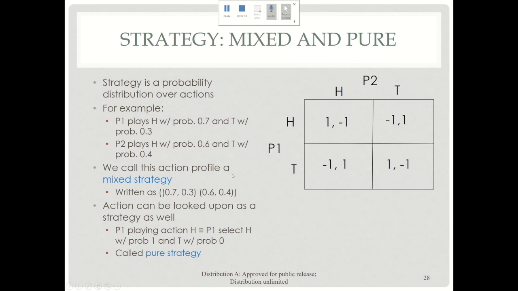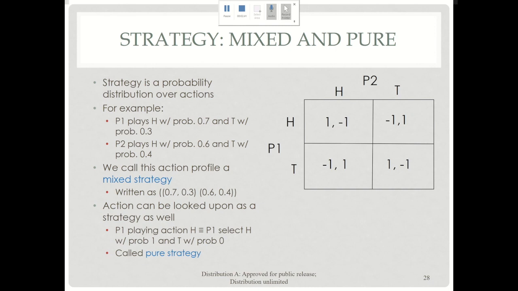Okay. So this is called a mixed strategy action profile. It's written as (0.7, 0.3), that is the probability distribution over P1's actions, and (0.6, 0.4) being the probability distribution over P2's actions.